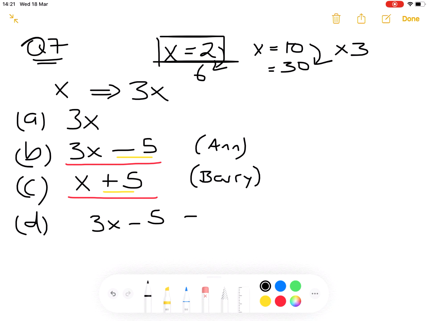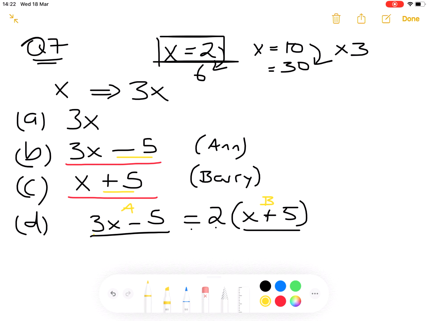We now know that that is the same as twice as much as what Barry has. So 3X minus 5 is equivalent to twice as much as what Barry has. Remember, again, that's Anne, and what's in the brackets is Barry. Anne has twice as much as Barry. Okay, so that's what we've said there now.